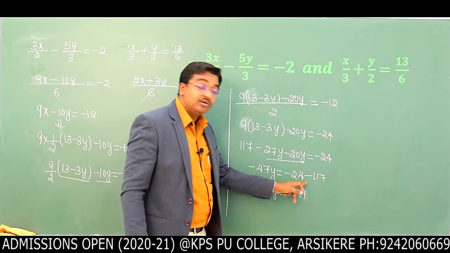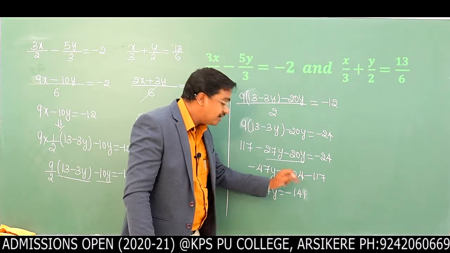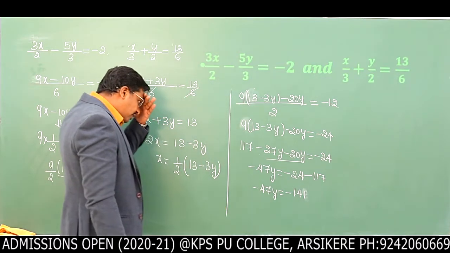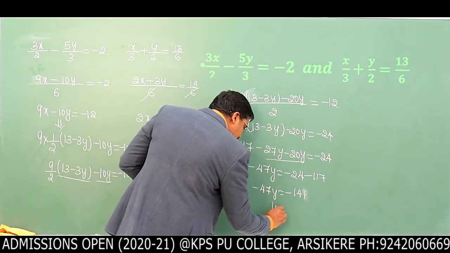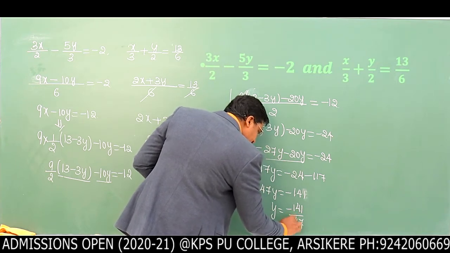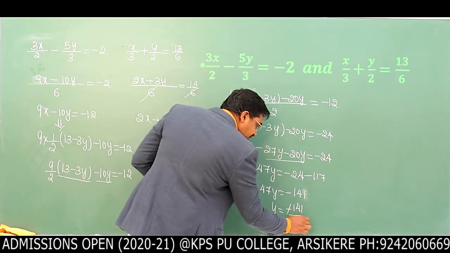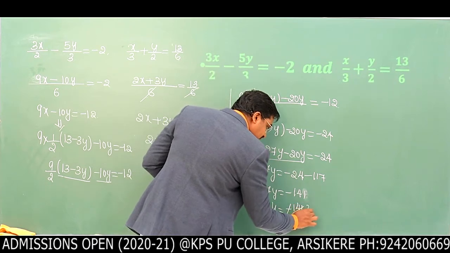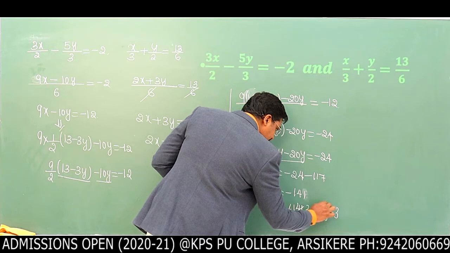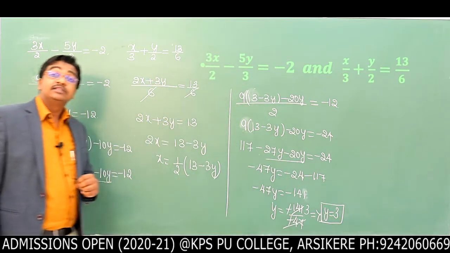We add the terms because they have identical signs. So minus 24 minus 117 becomes minus 141. Therefore y is equal to minus 141 divided by minus 47. The minuses get cancelled. 47 ones are 47, 47 threes are 141, which implies y is equal to 3. The value of y is 3.